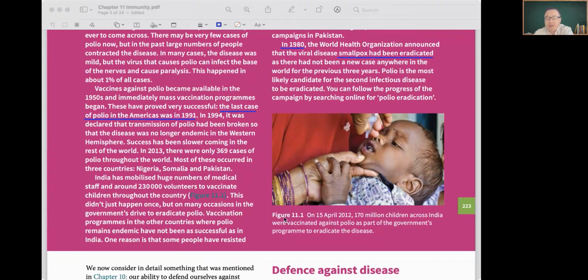Okay, so for figure 11.1, on 15 April 2012, 170 million children across India were vaccinated against polio as part of the government's program to eradicate the disease.